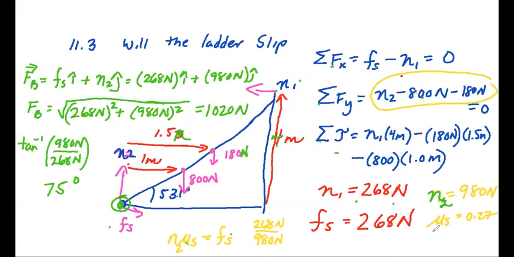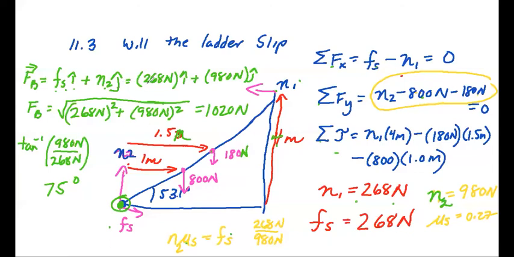Finally, I had to solve for the force here. So I took all the forces about that point. It would be the force of static friction in the I direction plus the normal force in the J direction.